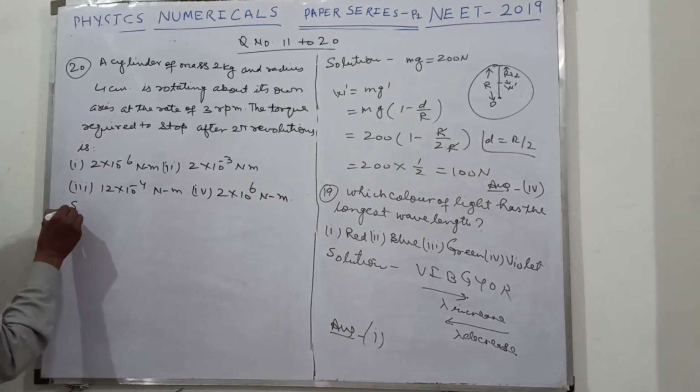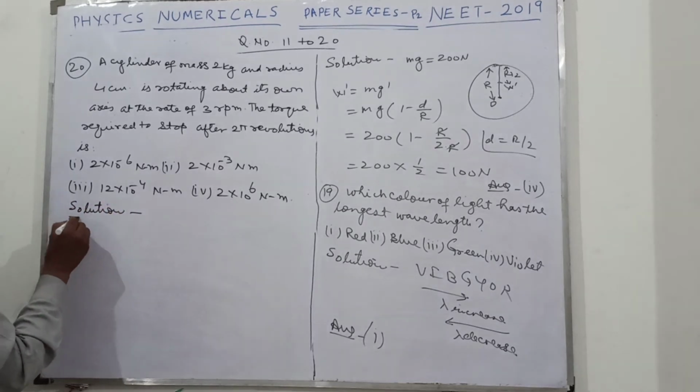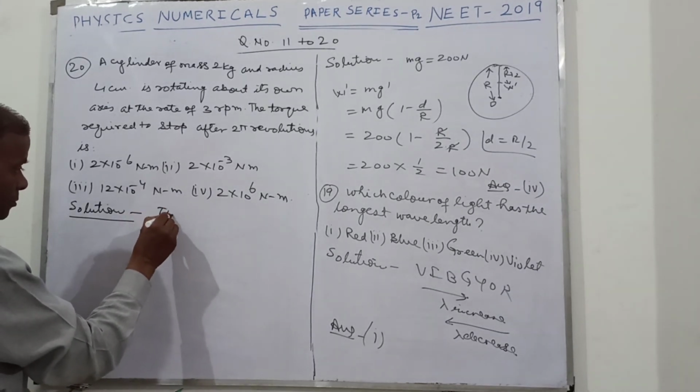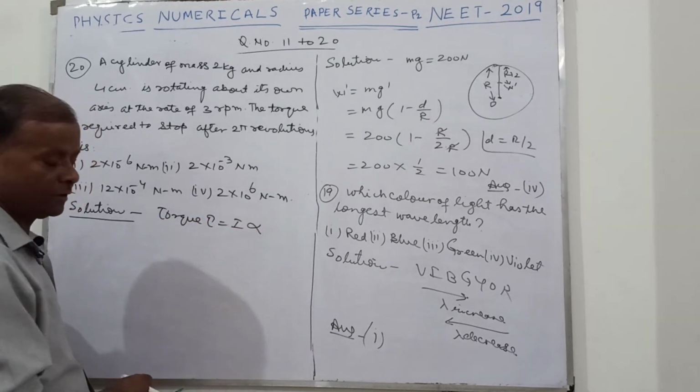Now the solution. You have to solve this equation by two methods. Torque equal to I into alpha.